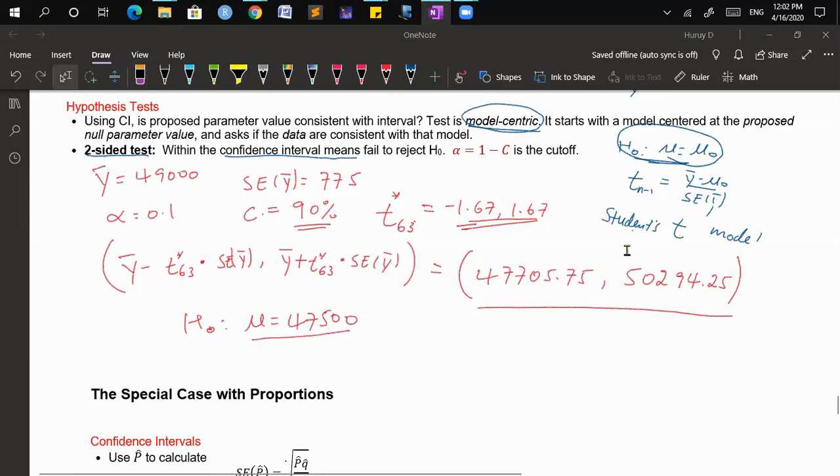Because this number doesn't fall in this region, the lower limit is bigger than this number. Therefore, this number falls outside this area. So using this confidence interval, I reject the null hypothesis because the hypothesized value falls outside the interval.